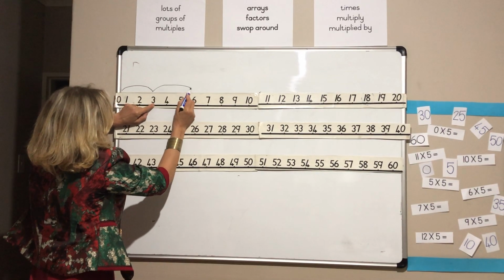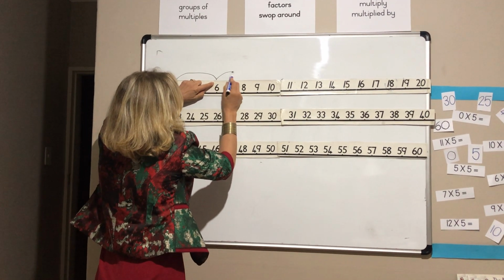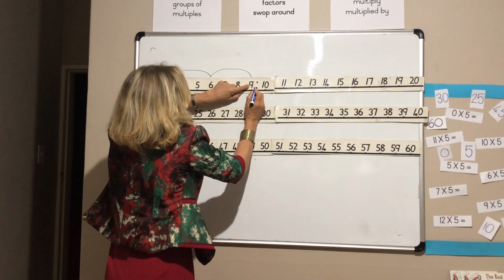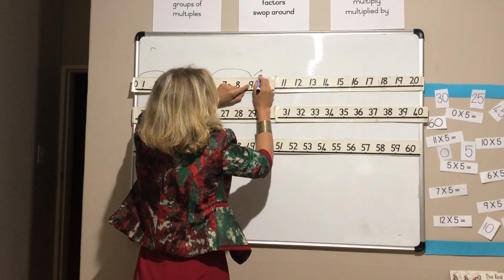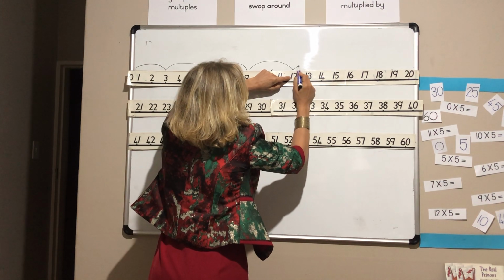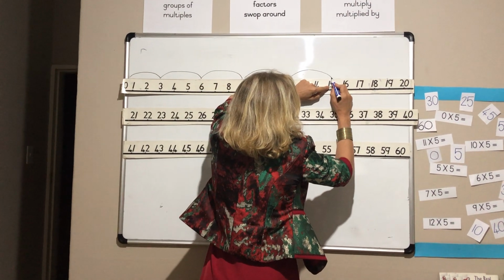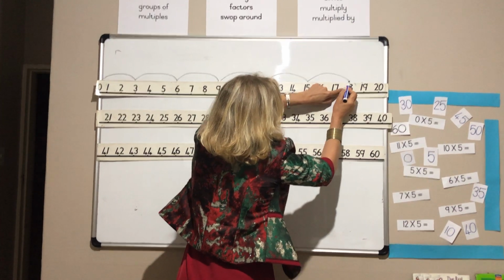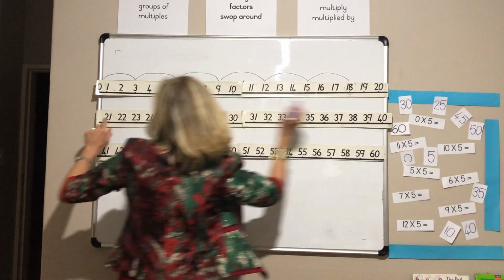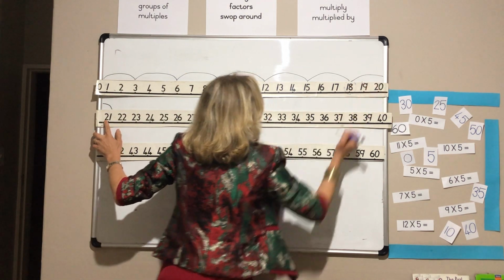Another 3, 6. 1, 2, 3. That's 9. 1, 2, 3. That's 12. 1, 2, 3. That's 15. 1, 2, 3. That's 18. 1, 2, 3. That's 21.